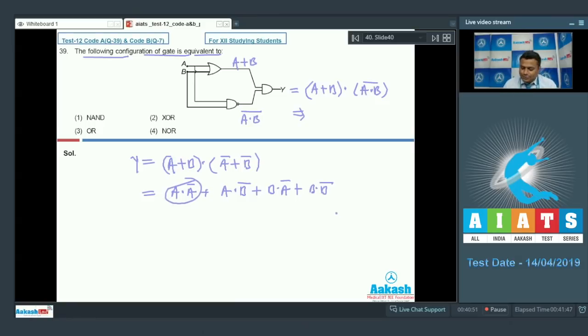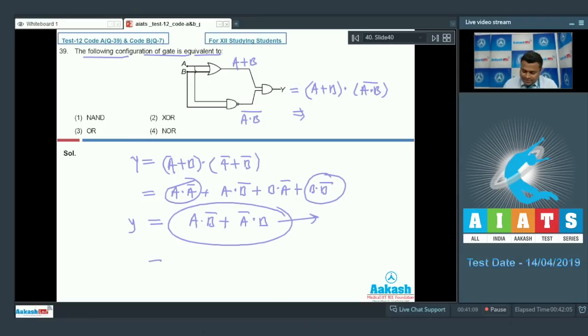A dot A bar always gets you 0. B dot B bar always gets you 0. So finally we have got A dot B bar plus A bar dot B as Y, and this is the expression for an XOR gate. So we can write Y equals A XOR B.